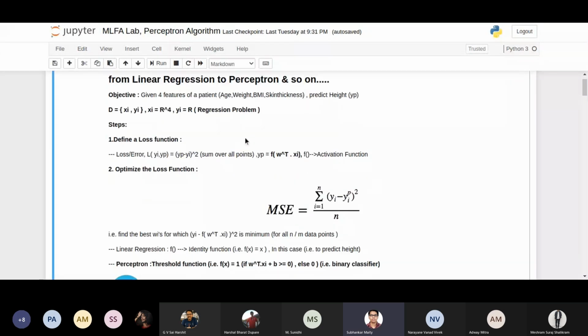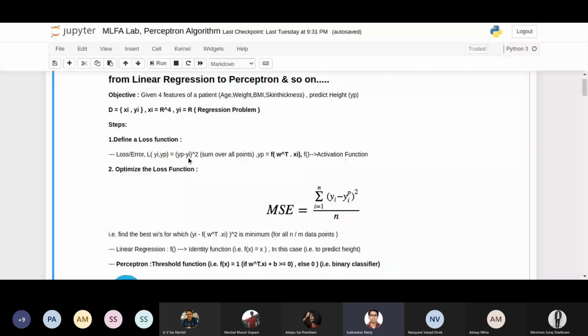So the first step is to define a loss function. Here the loss function will be mean square error, which is yp minus yi, whole squared.